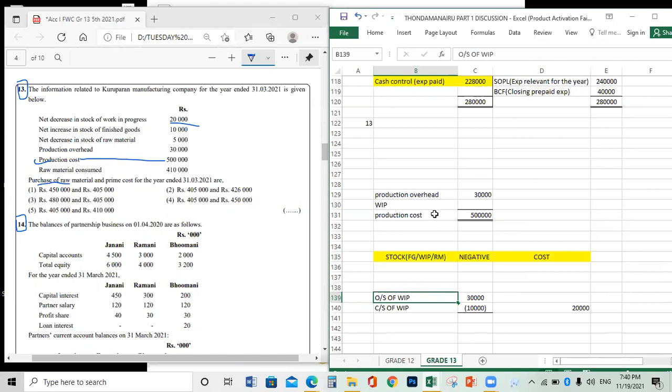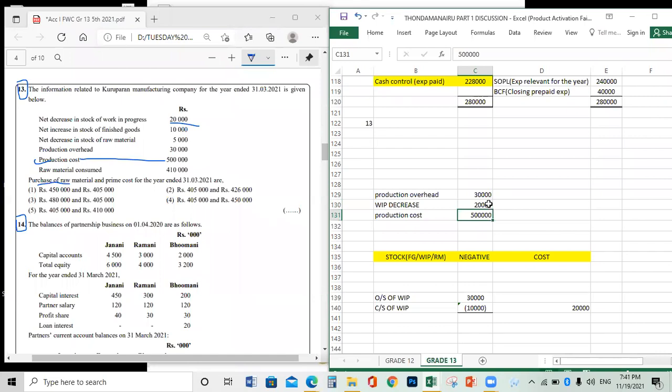Okay, so that means now they say work in progress is decreasing. If work in progress decreases, your cost will increase. Now see, what does this decrease mean? They are telling that compared to the opening balance, the closing balance is less.